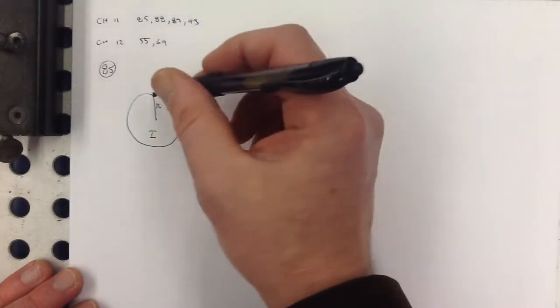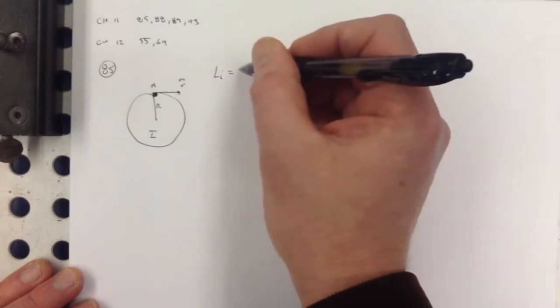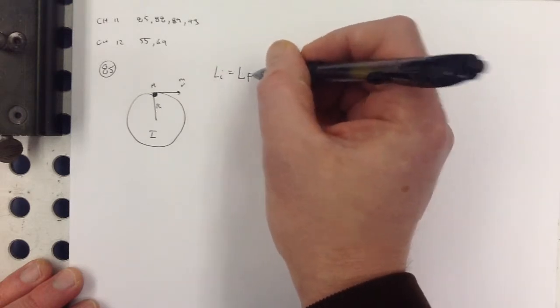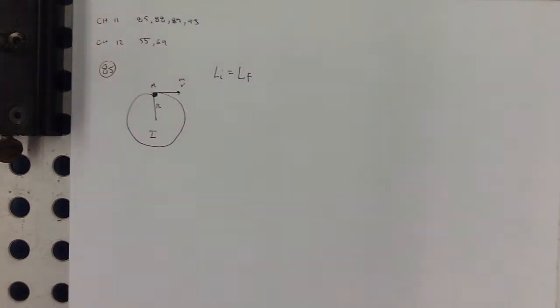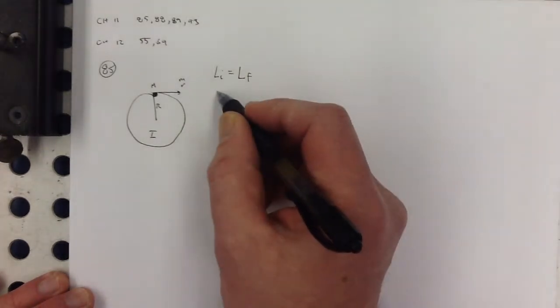So before, this would be kind of an explosion, right? It's not a collision exactly, but it's certainly a situation where angular momentum would be conserved. So before, nothing has any angular momentum.